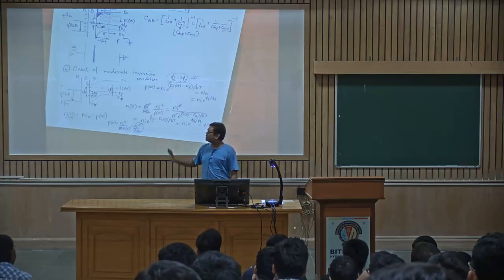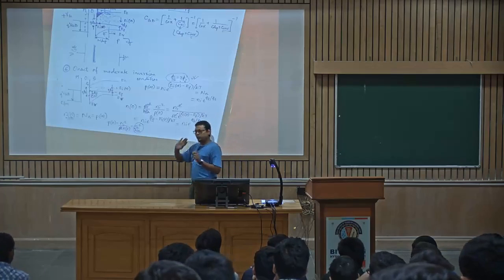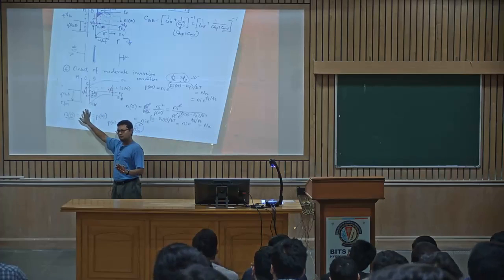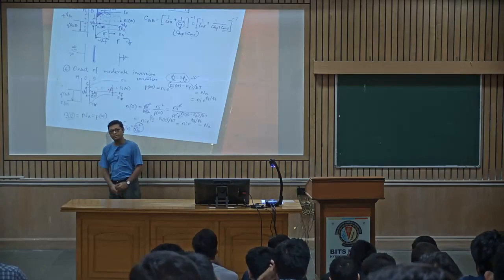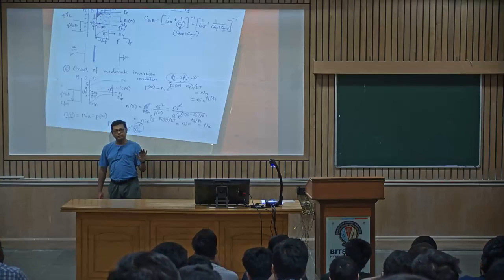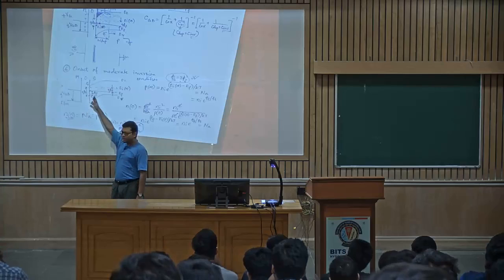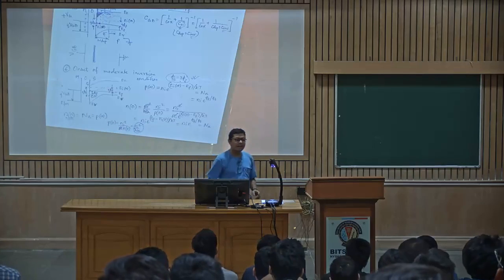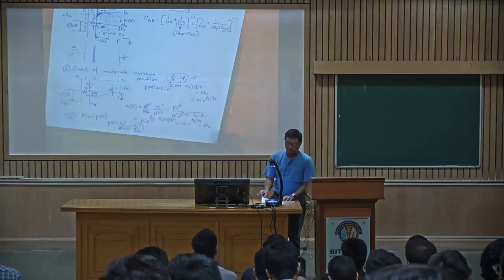Right now, inside the device we can only tell that the surface is as much n-type as the bulk is p-type. That's all. It does not mean that the currents will start flowing here. Okay?